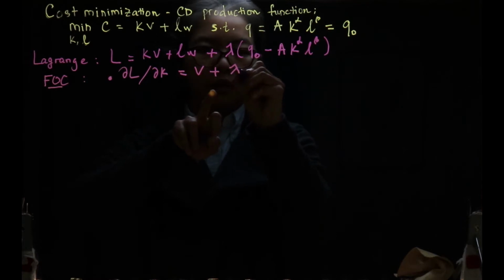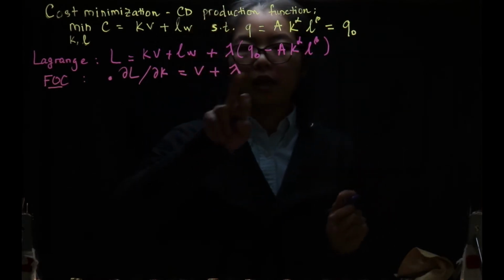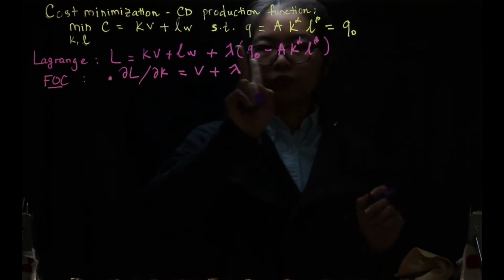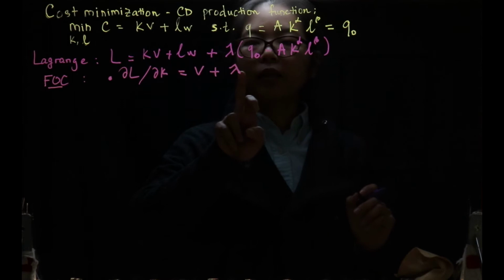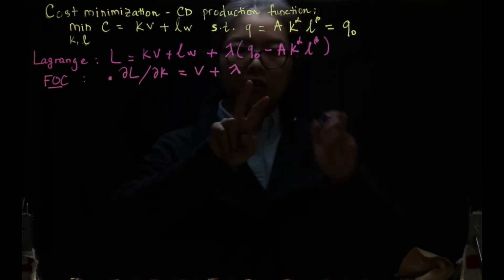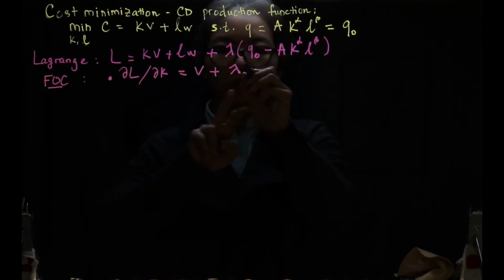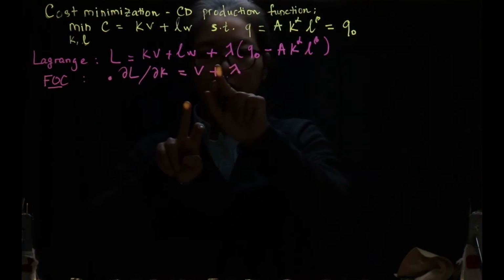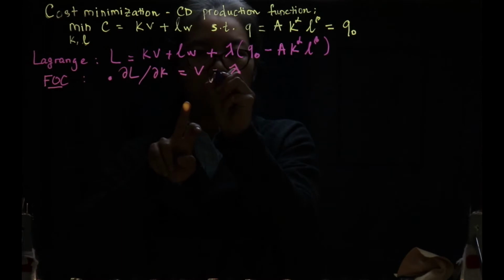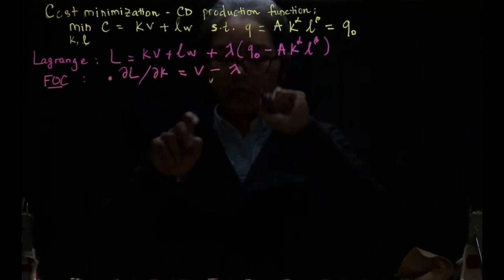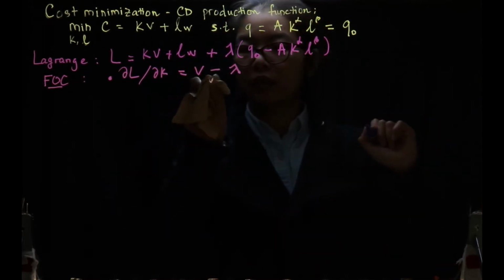Lambda times Q0, all constant, gone, then lambda times the production function. So here it's actually not plus, but minus, because we have the minus here, we multiply it.